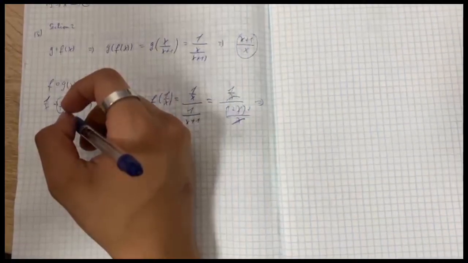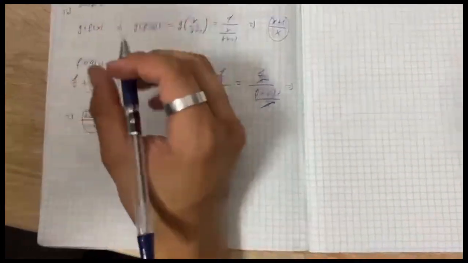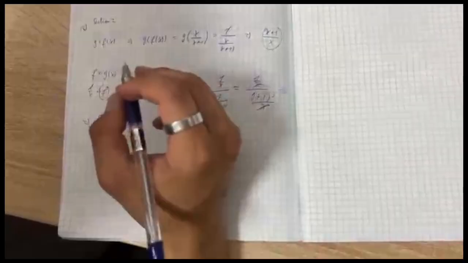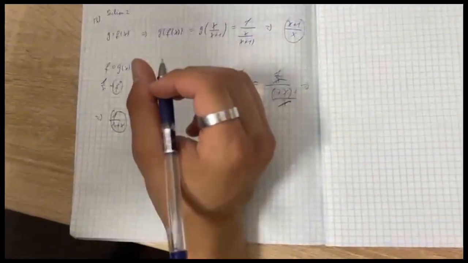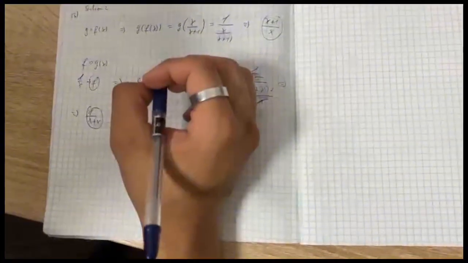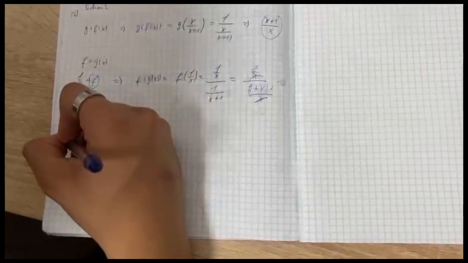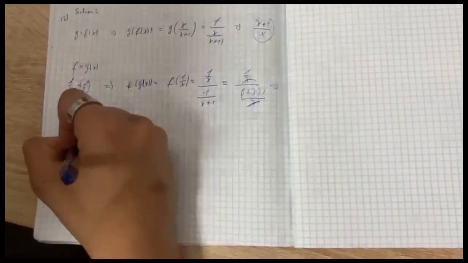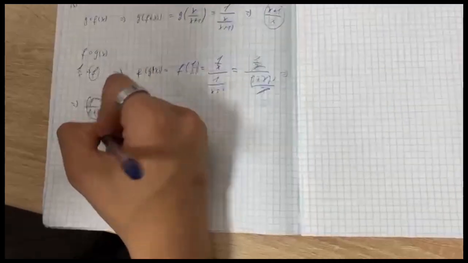Now there is a triple composition. We already know g of f, and now we just apply h, which means adding 1. Here we need to find h of g of f of x.